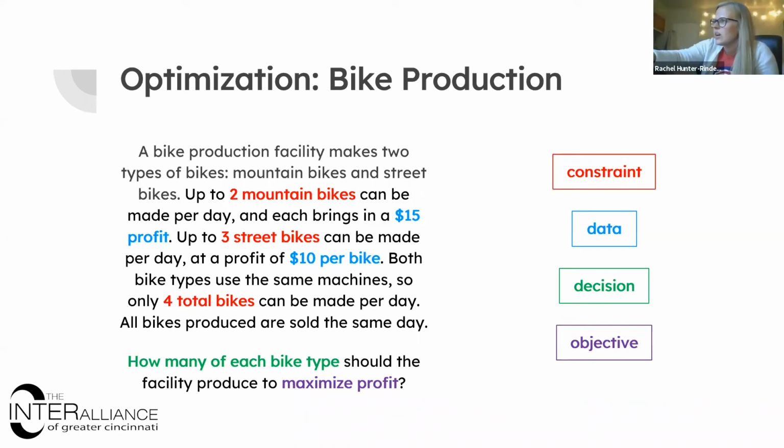Yeah, so looking at constraints, data, decisions, and objectives as the 4 building blocks of an optimization model, if instead of this very simple bike example, we wanted to consider an objective of minimized time that it takes to get from point A to point B, and we wanted to consider the decisions of which turns should I take when, which roads should I travel on.